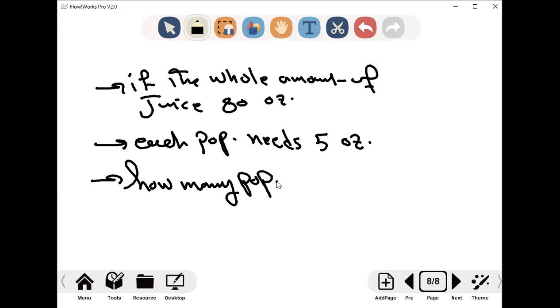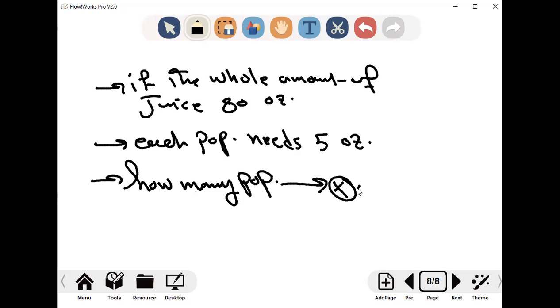Focus. So this is the unknown, right? This is x. Each popsicle needs 5. So how many popsicles can I make? Assume that I want to make 6 popsicles. How much is the amount of juice? 6 by 5.